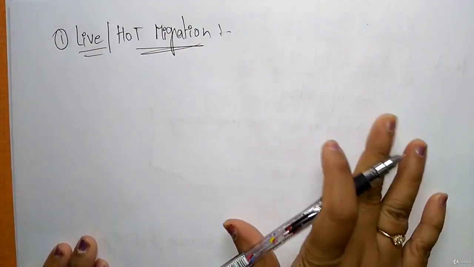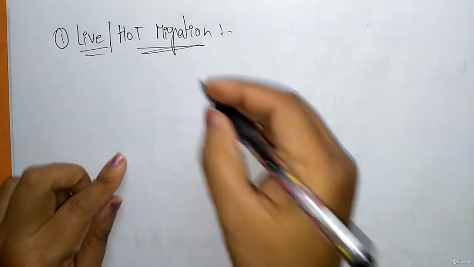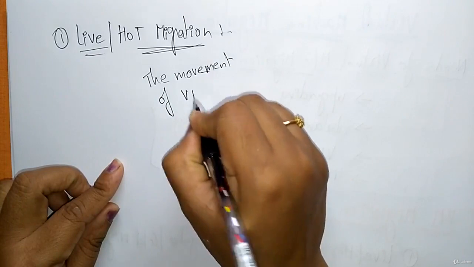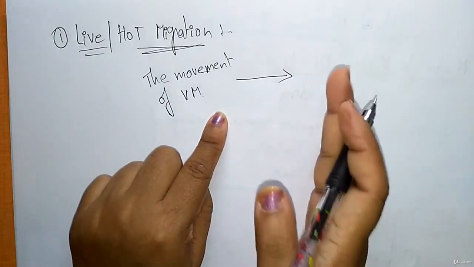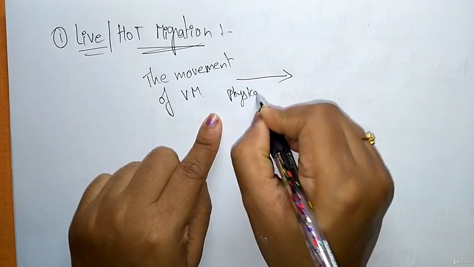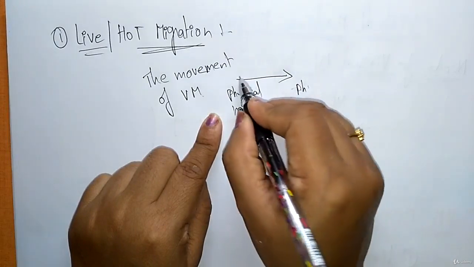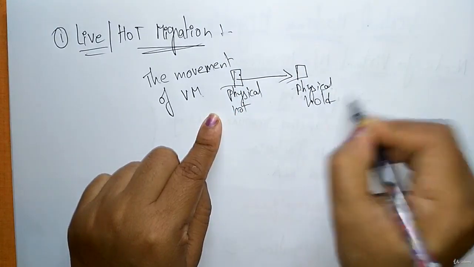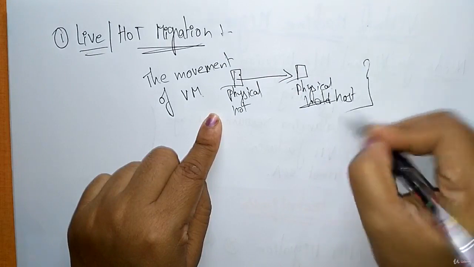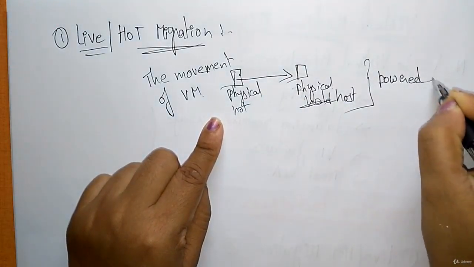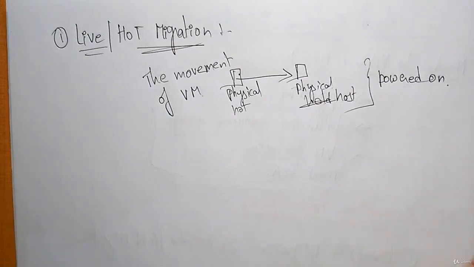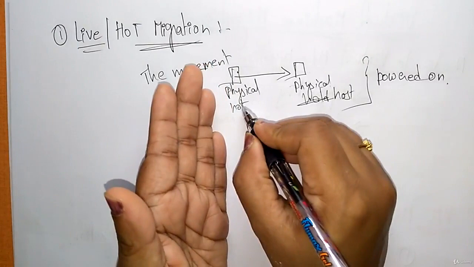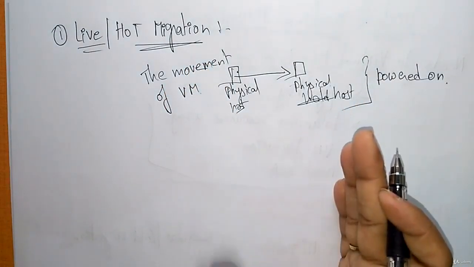Migration is nothing but a movement. So in live or hot migration, the movement of a virtual machine from one physical host to another physical host is done only while powered on.